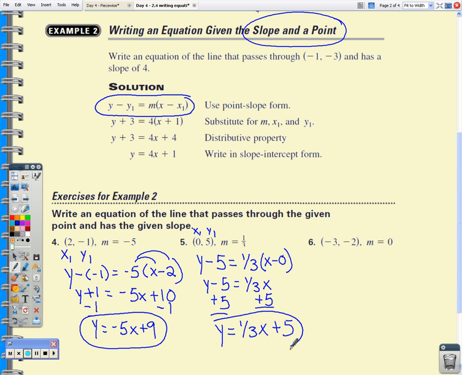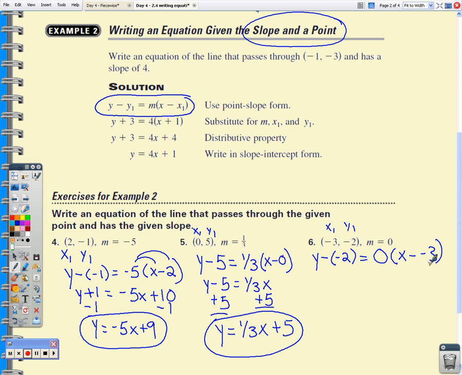Pause the video now and try number 6 by yourself. Okay, you should get for number 6, well, this is x1, y1, and then we have y minus y1 equals m times x minus x1.